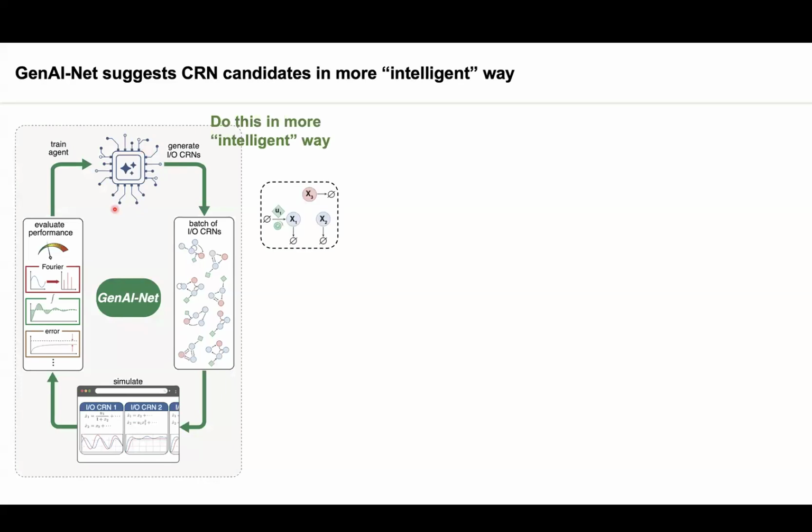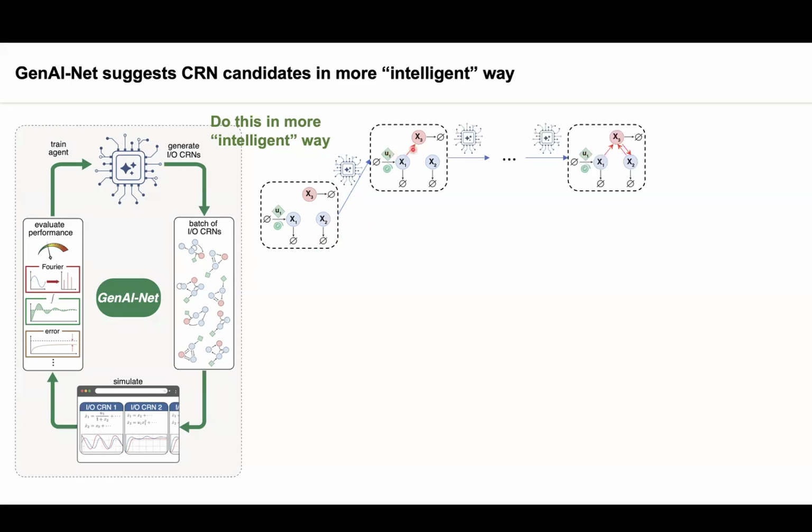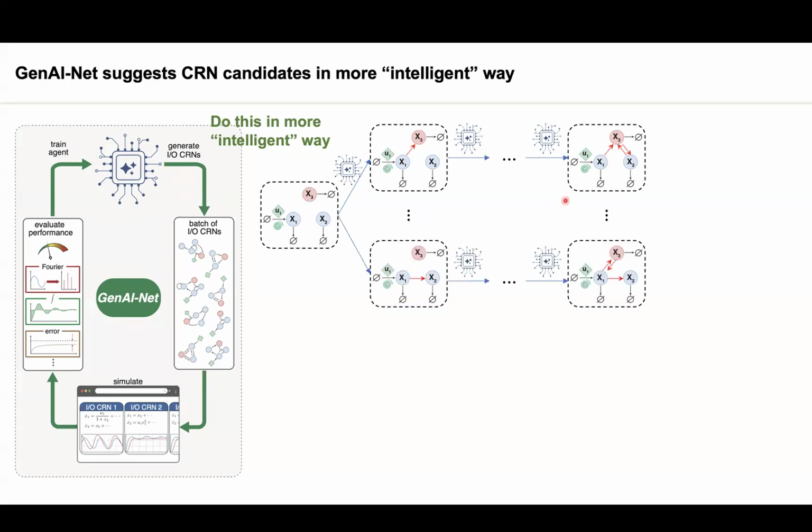So in more detail, this agent starts from the initial chemical reaction structure and appends reactions like this. This agent appends the reactions sequentially, and it does a similar thing several times.